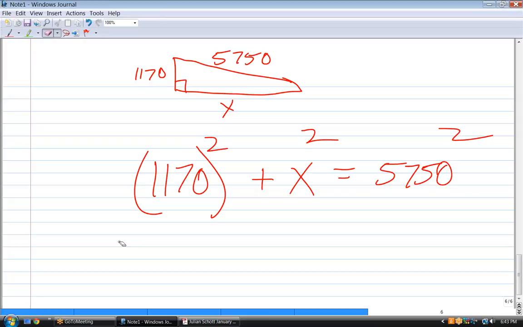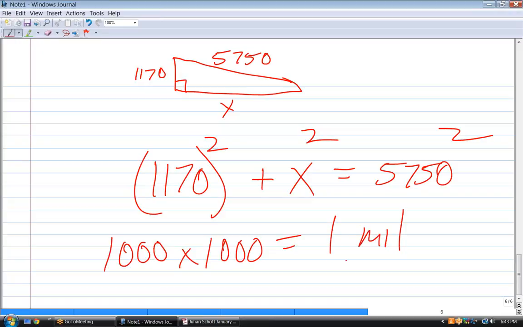A million. That's the relationship between 1,000, million, billion, trillion, and gazillion. Each one is 1,000 times the other. So 1,000 times 1,000 is a million.